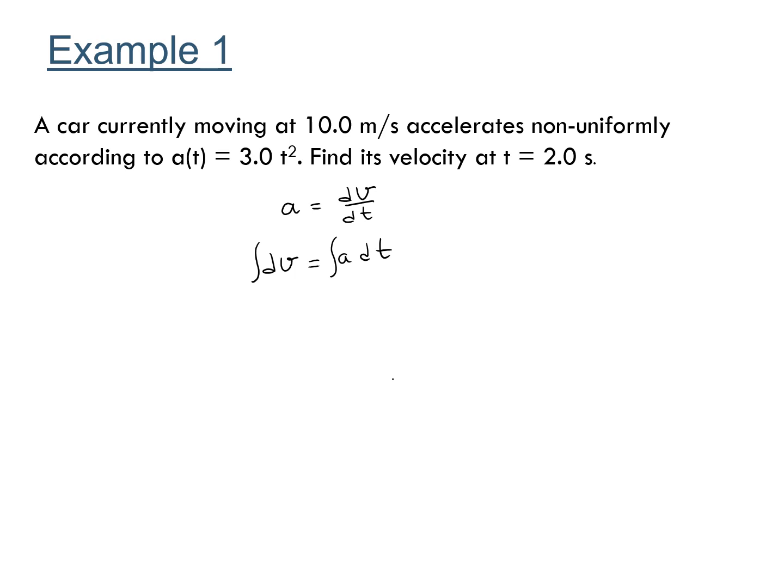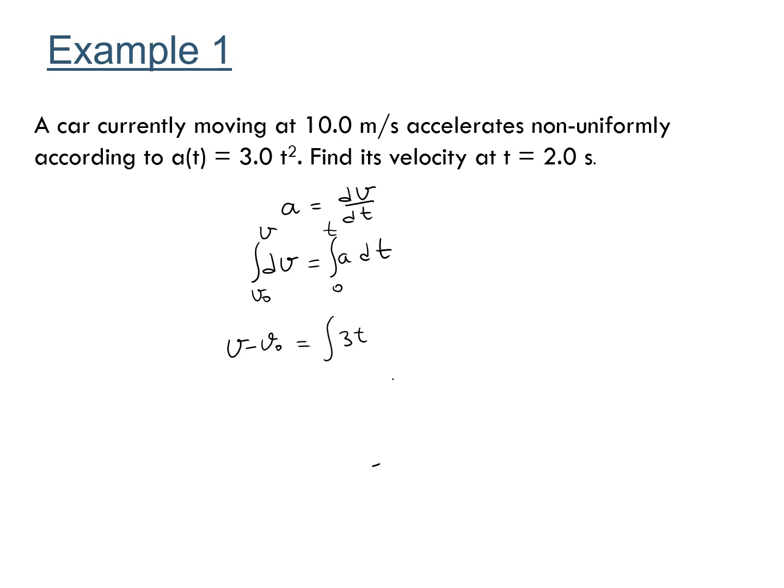This starts from original velocity to final velocity, and this integral's limits are from time equal to 0 all the way to time equal to t. Okay, so the first integral gives us v minus v0, and in the second integral, we just have to replace a with its expression.